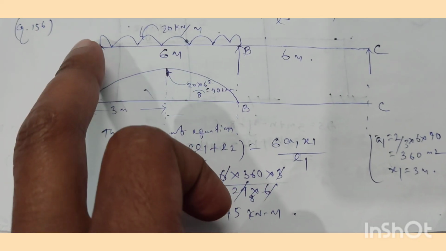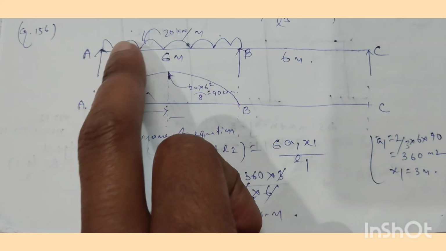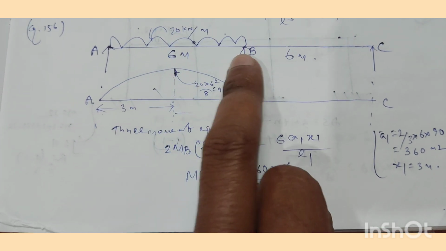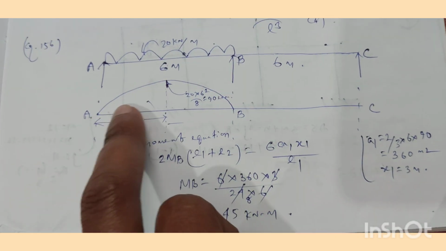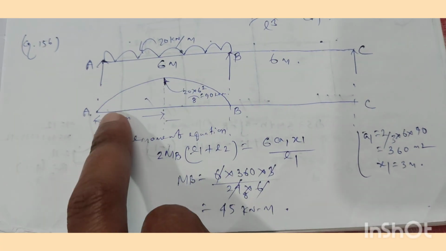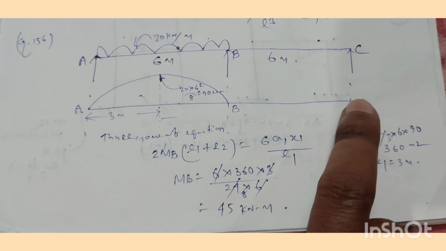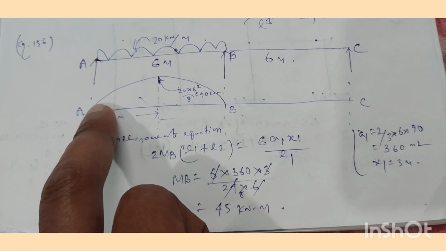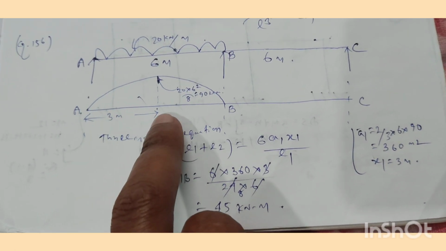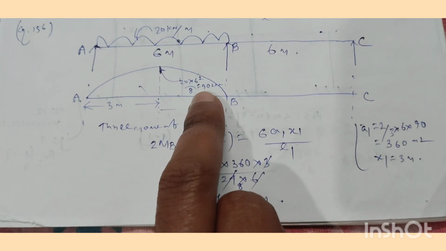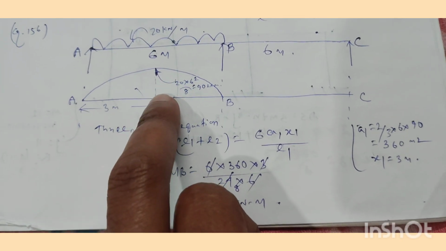This is our continuous beam A, B and C. The span AB is subjected to a uniformly distributed load of 20 kN per meter over a length of 6 meter. The bending moment diagram under this UDL will be parabolic in nature. The center of the parabola from the support A will be 6 by 2 equal to 3 meter, and the area of the bending moment diagram will be 2/3 into base into height.